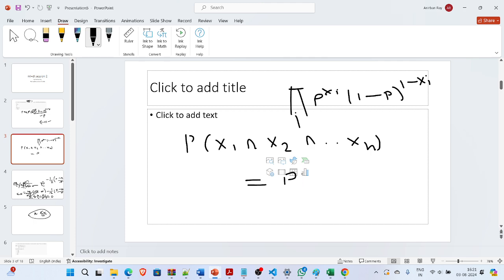If the events are independent, you can write it like this, right? Everybody knows this one. If the events are independent, you can write the probability of occurrence of all events as the product of probability of all events.